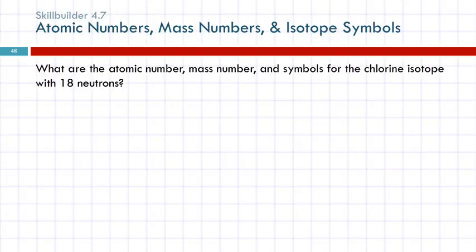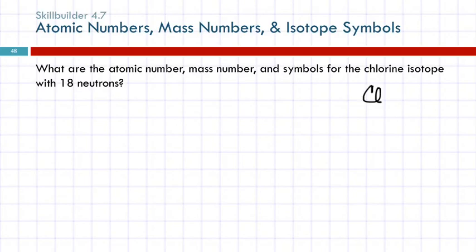Okay, so we should be able to do things like this. What are the atomic number, mass number, and symbols for the chlorine isotope with 18 neutrons? Well, first we need to know the element symbol for chlorine. It's Cl, because we have to find it on the periodic table first.